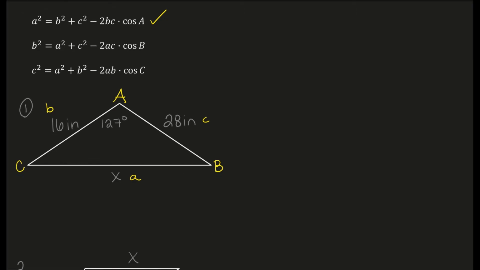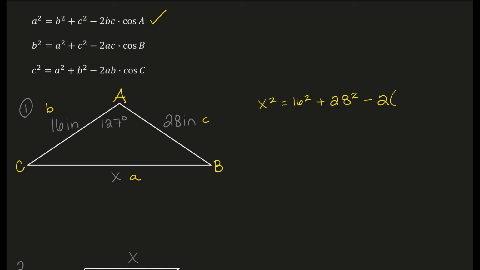So if we want to find the value of x here, then that is leg A. So we could say x squared equals b squared plus c squared. Anytime you have a lowercase letter, you're referencing the leg. So b squared would be 16 plus c squared, that would be 28, minus 2 times b times c.